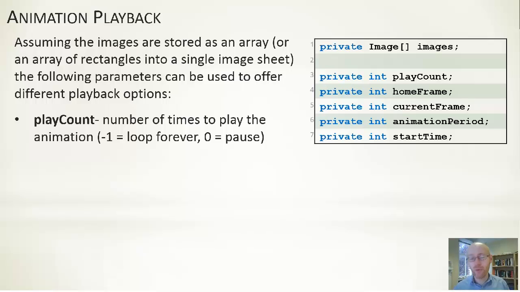If it's 0, we will interpret that as meaning pause the animation. The animation is not currently playing. So this one variable unpacks the notion that sometimes we want to play back a specific number of times, sometimes we'll not be playing it back, and sometimes we'll be continuously looping it. So -1, 0, and a positive integer have those different interpretations.